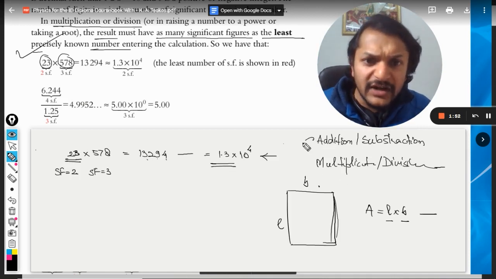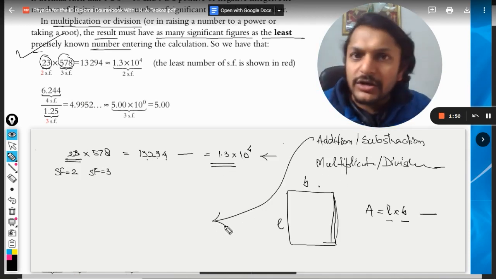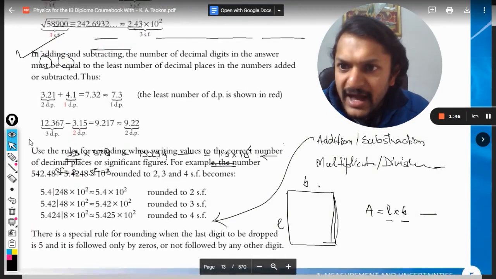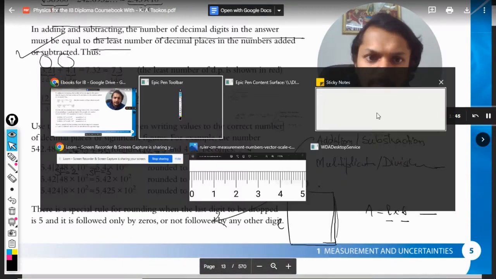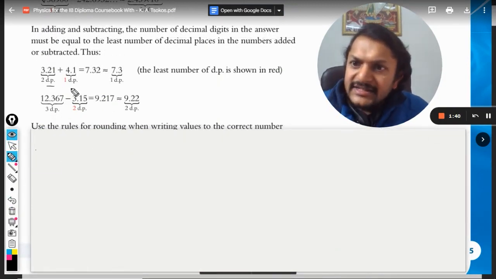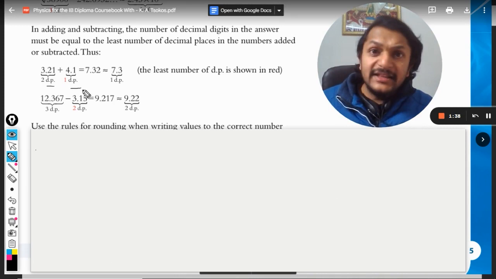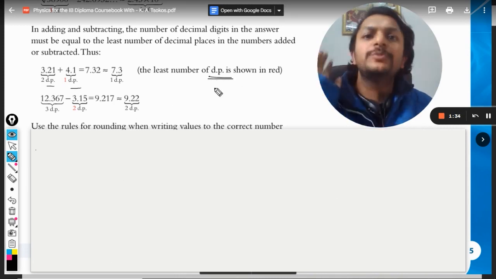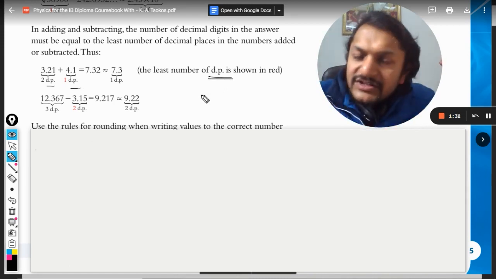But in the case of addition and subtraction, that is not the case. When we add them, let us say I am adding these two. So what is happening now? If we are adding them, our only rule is that the decimal places should be the same. We are not concerned with the significant figures now.